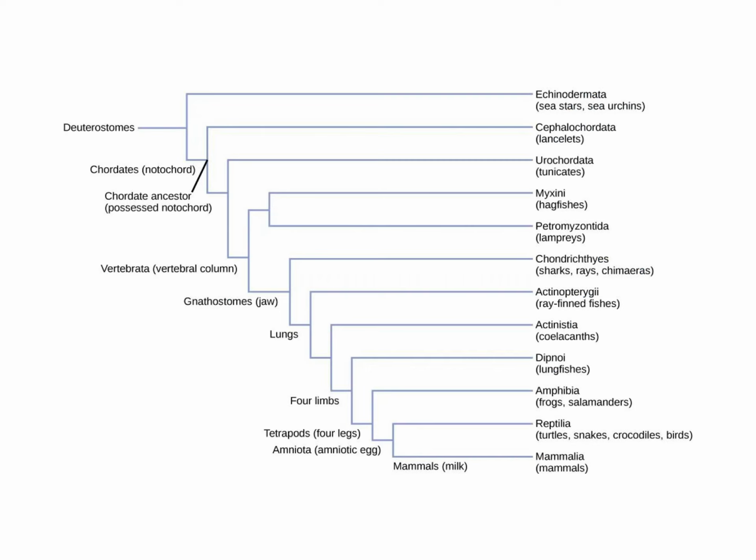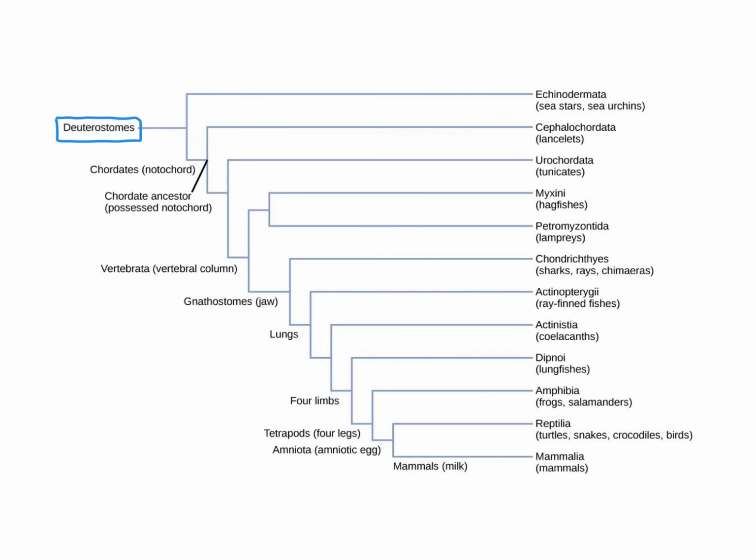So we can take a look at this phylogenetic tree that outlines the classification of these different chordates. You can see that we are talking about deuterostomes. And if you remember from our invertebrate lesson, deuterostomes were part of that phylogenetic tree that we looked at there. So we're continuing that line from the phylogenetic tree that we talked about when we talked about invertebrates.